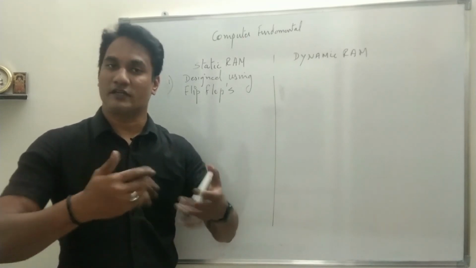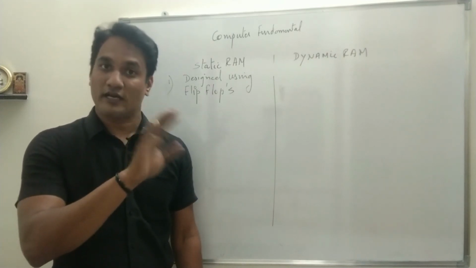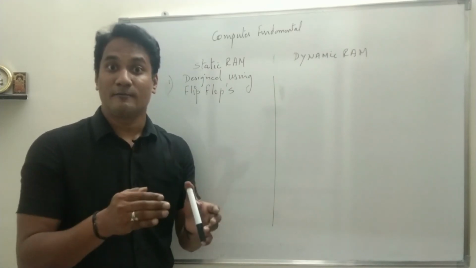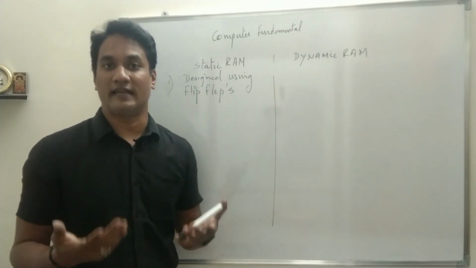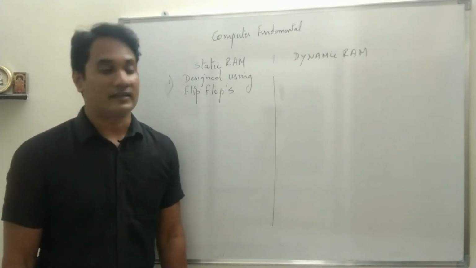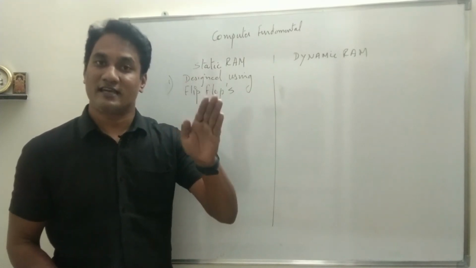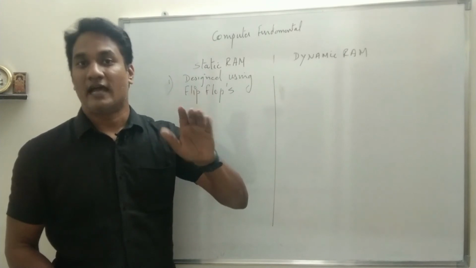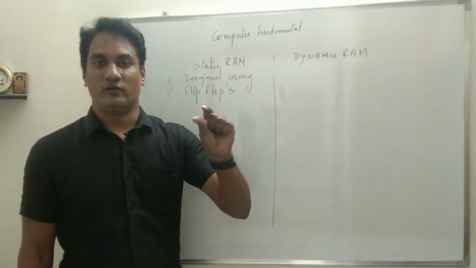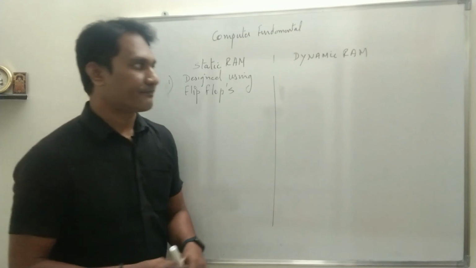Once the power is switched off, the data will vanish, even from the flip-flop. So as I said, RAM is a volatile memory. Even static RAM and dynamic RAM, both are volatile memory, but there is a difference in that. What that difference is, that is what we will try to understand here. So in static RAM, it will be designed using flip-flops. Until the power is there, the data will be there, and unless you trigger, the output will not change. It works as a memory element to store 0 and 1.